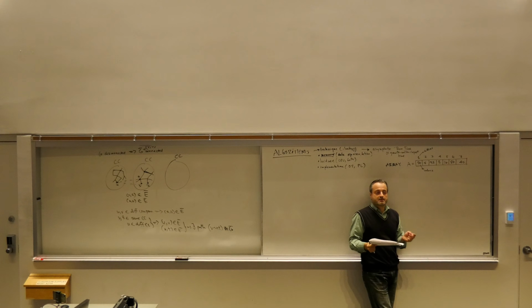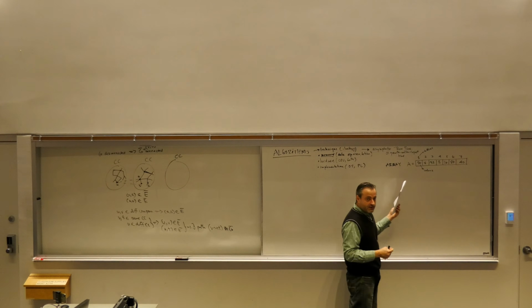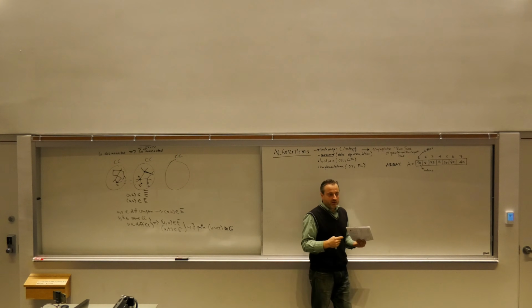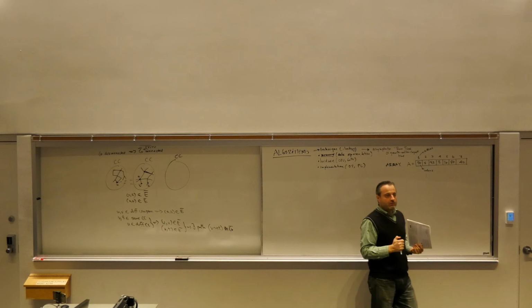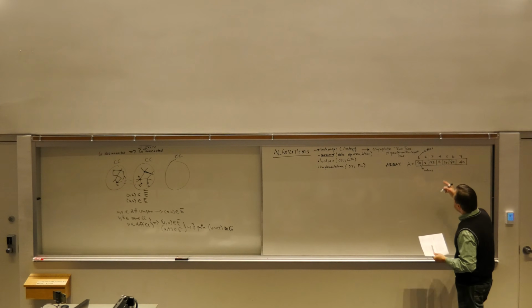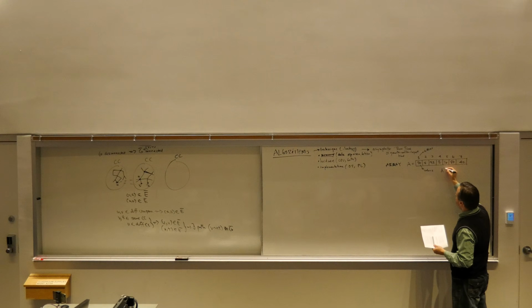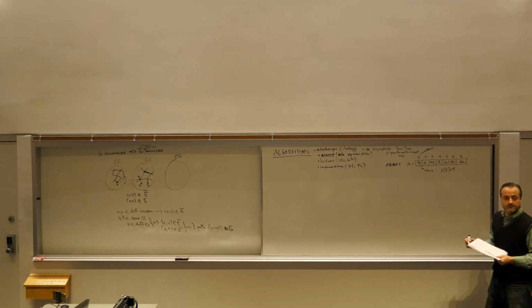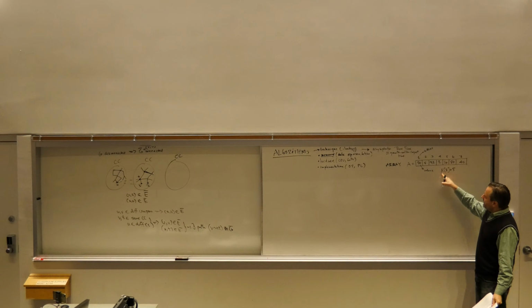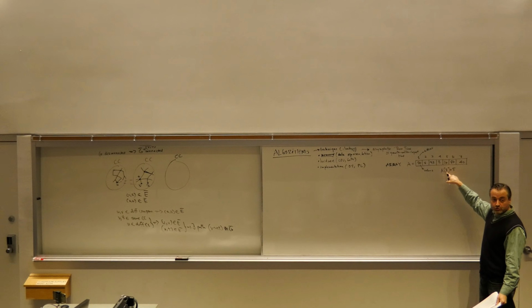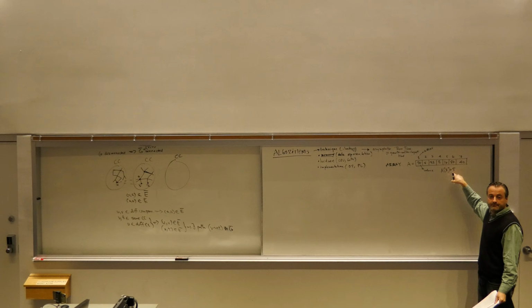Just like with sequences, the sequence is the same, but you can start it from 0 or start it from 1. I'm going to start from 1 because I like to start indexing from 1. But if you want to start from 0, it's no difference. So those are indices, and we can say A of 2 equals 5. That means array A in position 2 has the value 5.